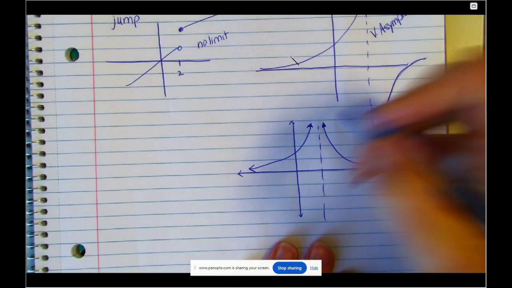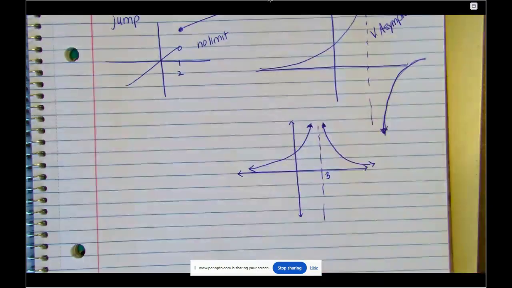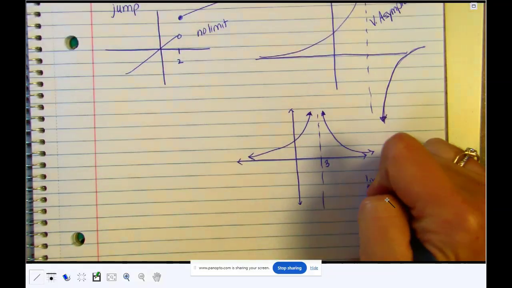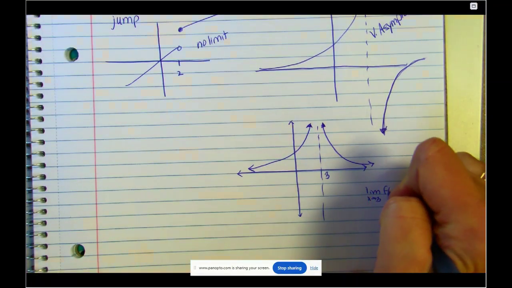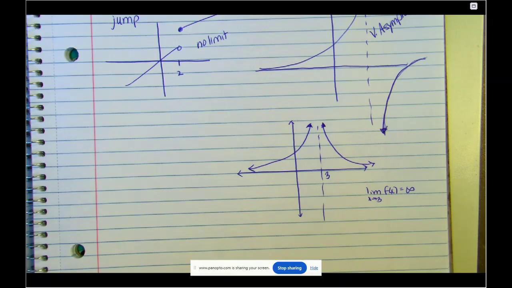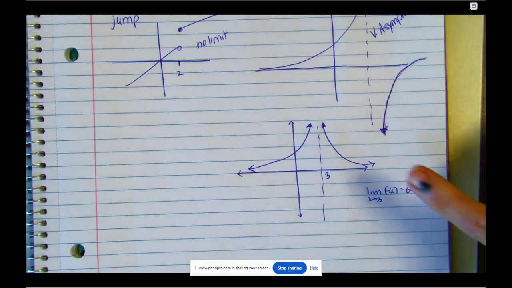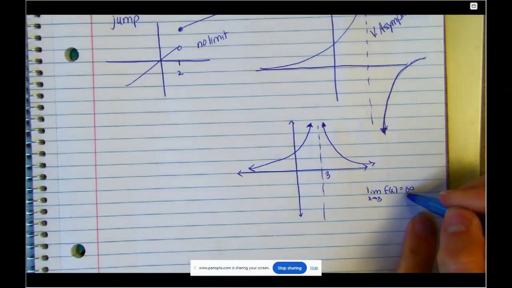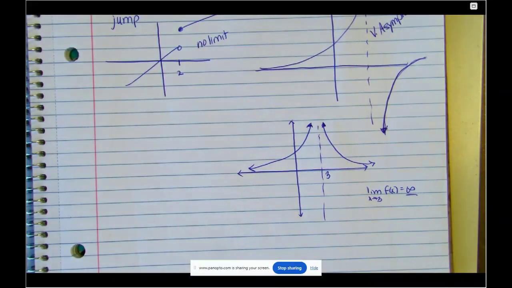Let's say this is 3, the x value. What's the limit as x approaches 3? Positive infinity. You talked about that the day I was gone. Now, this is where your mind might explode a little bit. Does that limit exist? It does not, because this doesn't get anywhere. Infinity is not a number.